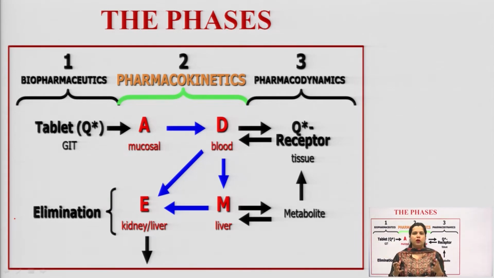The distribution will occur, and then metabolism will occur, followed by excretion. So, this is the basic pattern we observe in pharmacokinetics: the drug is first absorbed, then distributed among the body cells and tissues, and then metabolized into another form, and then eliminated or excreted.